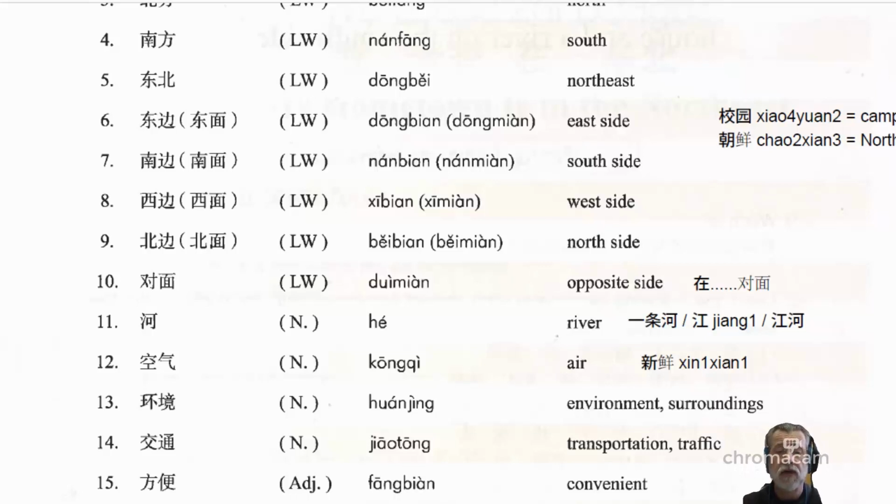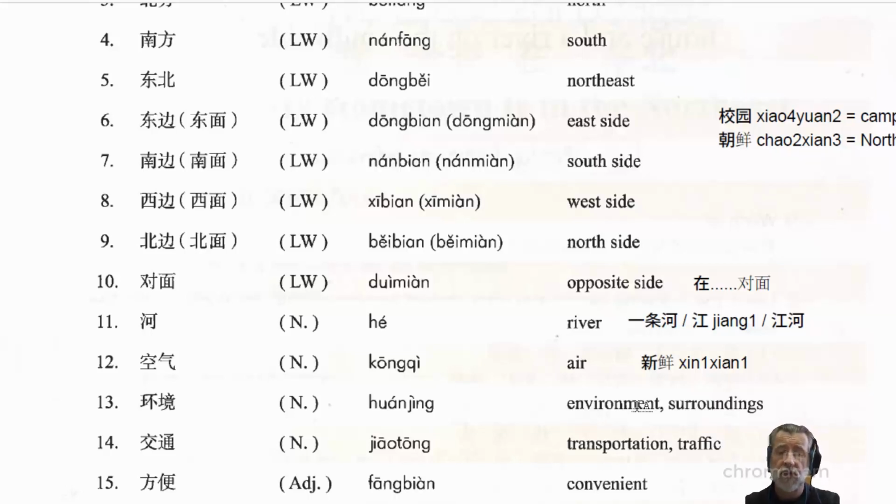Moving on, we have environment or surroundings. 环境. So just need to explain the difference between environment and surroundings. So in terms of environment, 环境 can mean the same as we often mean the word environment in English when we talk about environmental problems. So the sort of bigger concept of environment.